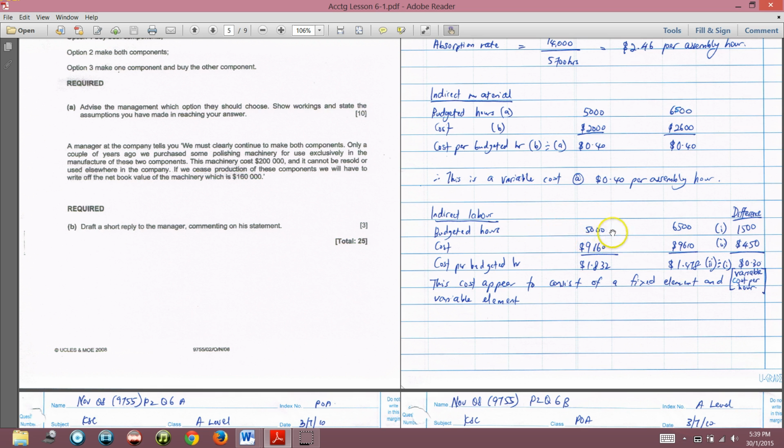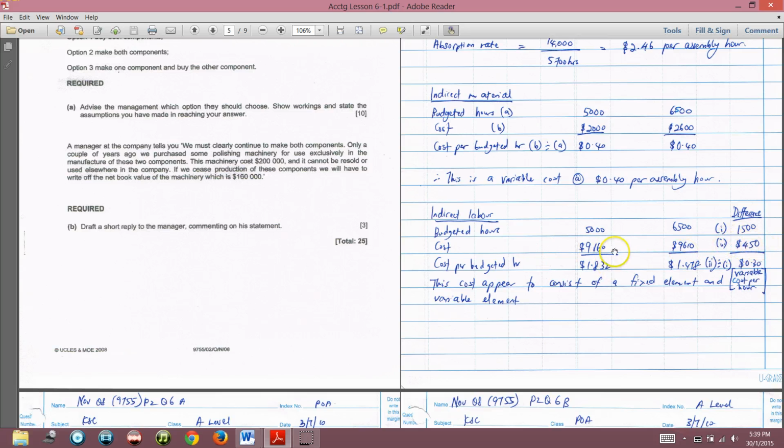So we are saying that from the level of budgeted hours 5,000 to 6,005, which is a difference of 1,005, the cost difference, 9,610 minus 9,160, is 450. So from this level of activity, the increase in the indirect labor is 450.